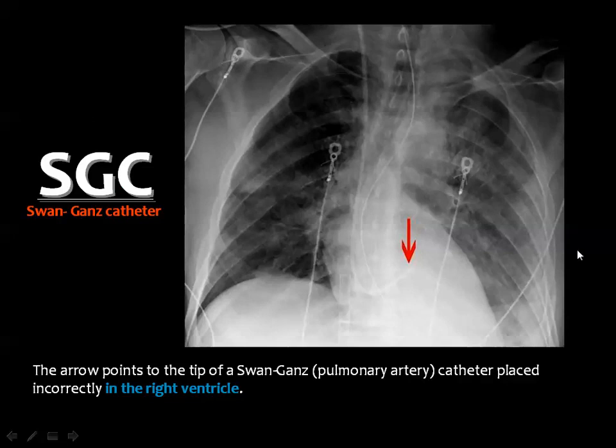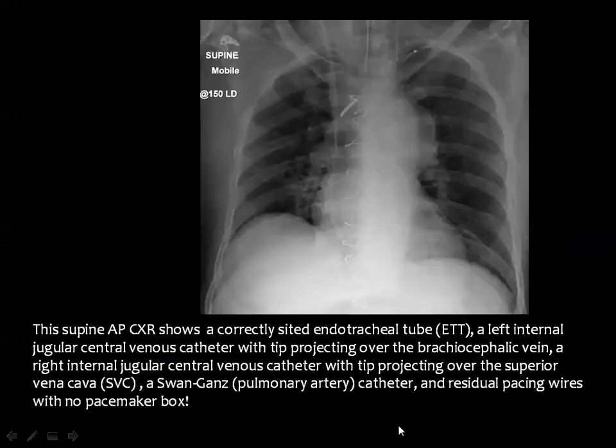In this patient, the Swan-Ganz catheter is seen in the right ventricle. It needs to be advanced until it reaches the optimal site, as we mentioned. And here you can see the Swan-Ganz catheter with its tip almost in an accurate position.